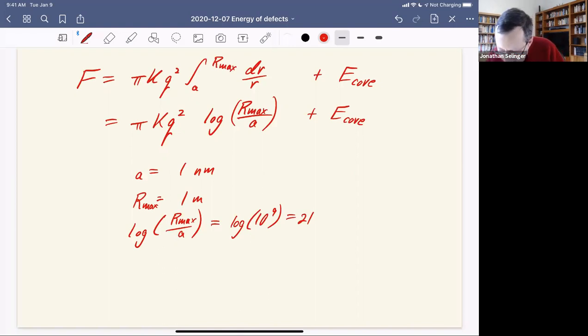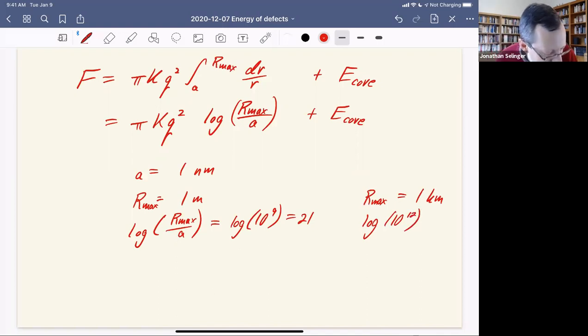And even if R max is 1 kilometer, we would just have the log of 10 to the 12th, which is what, 28. So a log diverges, but it diverges really slowly, and we can live with that. It's okay.